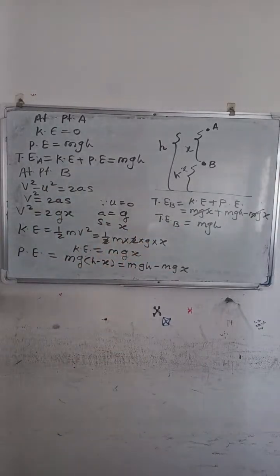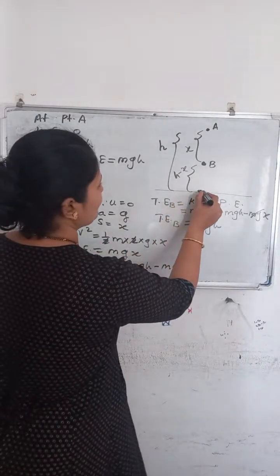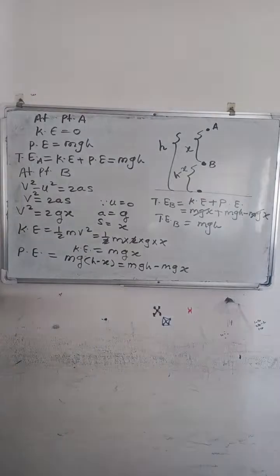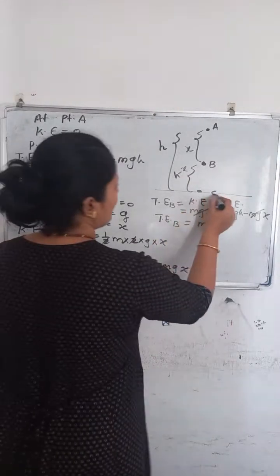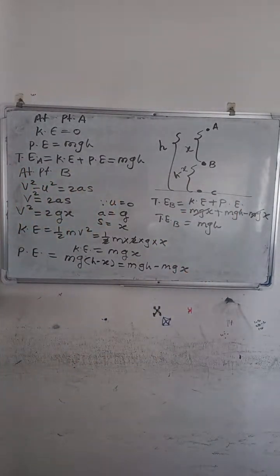Now our body reaches point C, where it strikes the ground. In that case also it is traveling with a certain velocity.